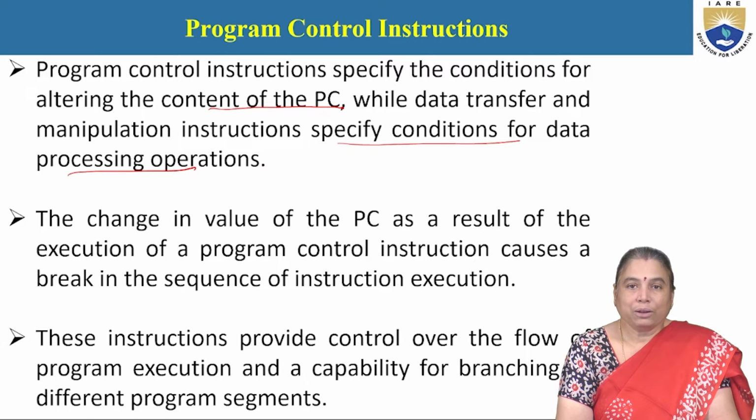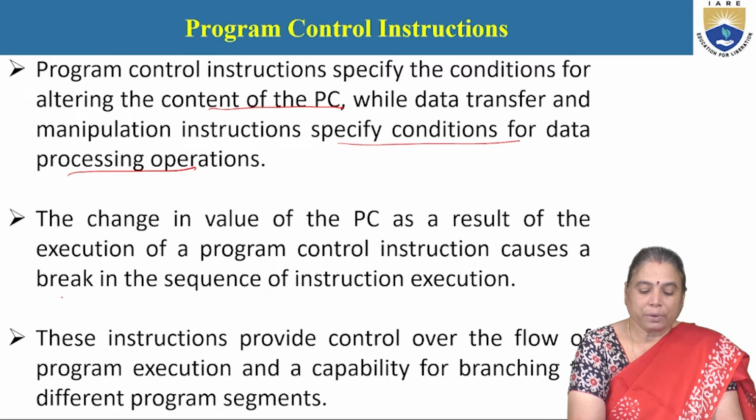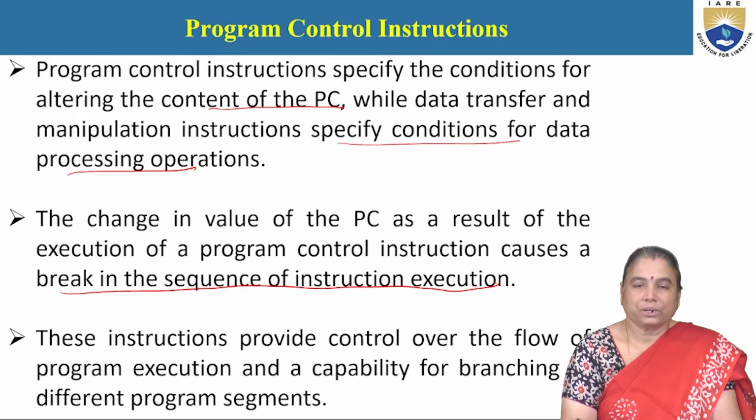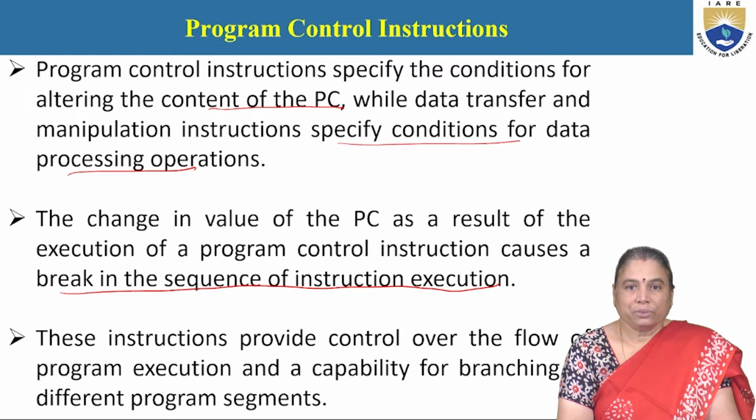The change in the value of the PC as a result of executing a program control instruction causes a break in the sequence of instruction execution. So the flow of execution of the program can be suspended with the help of these program control instructions.